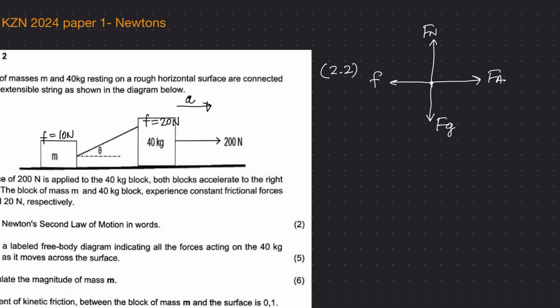And lastly, there'll be this force that's in this cable. That's called a tension force. And the tension force is not straight, it's acting kind of at an angle. So Ft. Okay, so 5 marks, 5 forces, fairly straightforward.